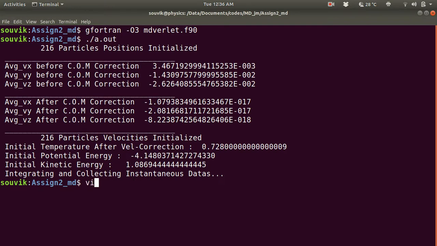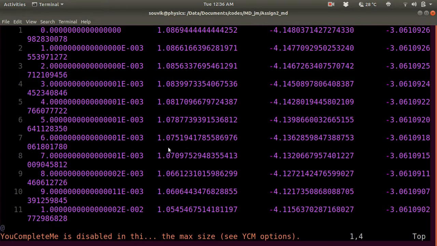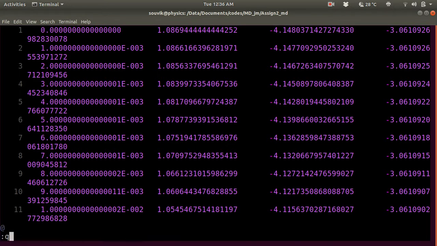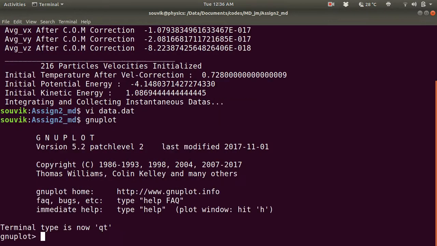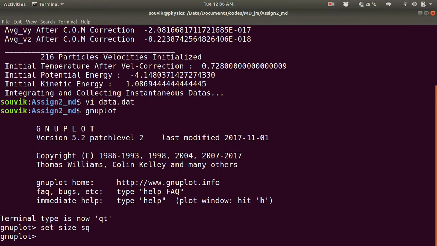And then let's say you open the data.dat file. As you can see, this is the step indicator, and this is kinetic energy, potential energy, and then total energy. Now if you open gnuplot, let's first set size square and then plot data.dat using 1:2 with lines, lw 2, and let's title it kinetic energy.